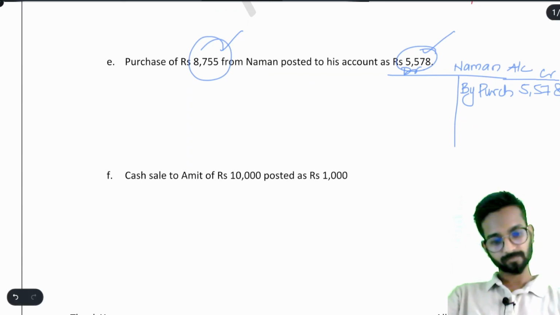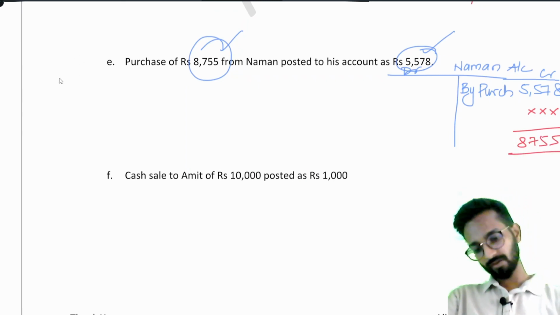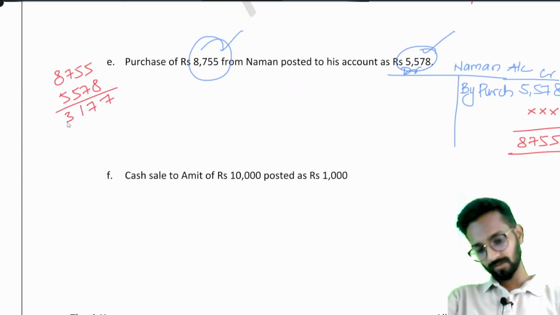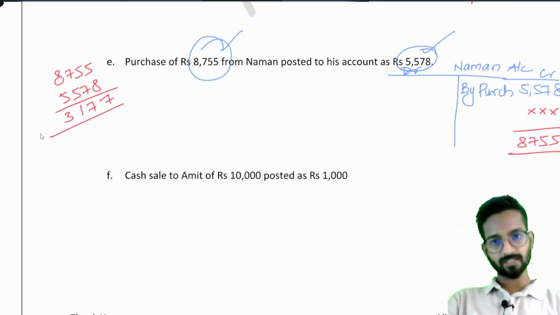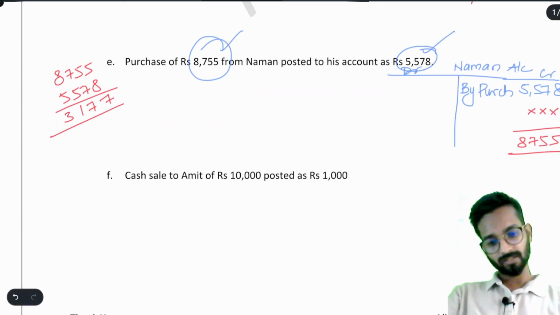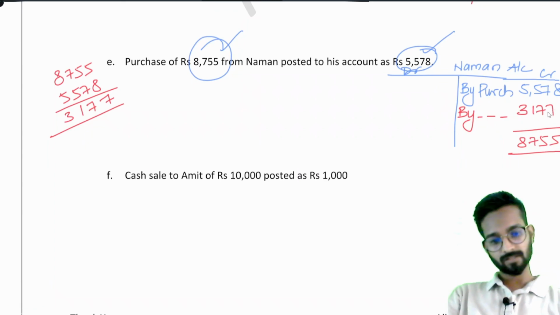So you have to write some amount here extra to make the total 8755. Understood? If I do this calculation to make 8755, what amount are we supposed to add? We have to add 3177. Why? Because the total I want is 8755.